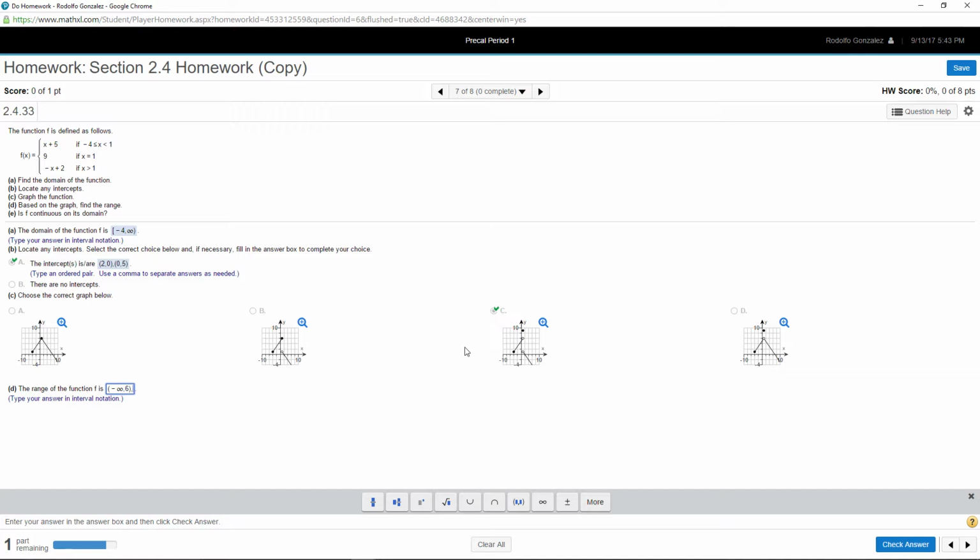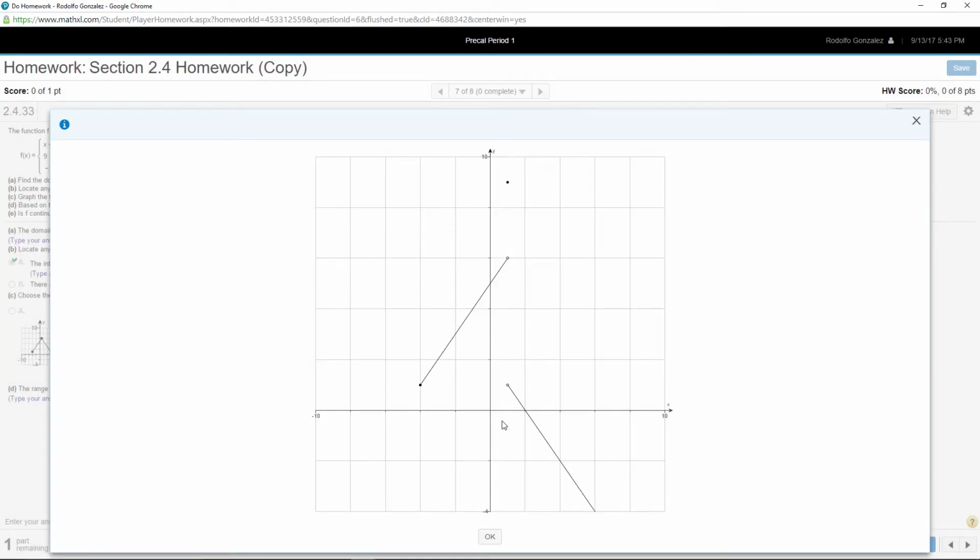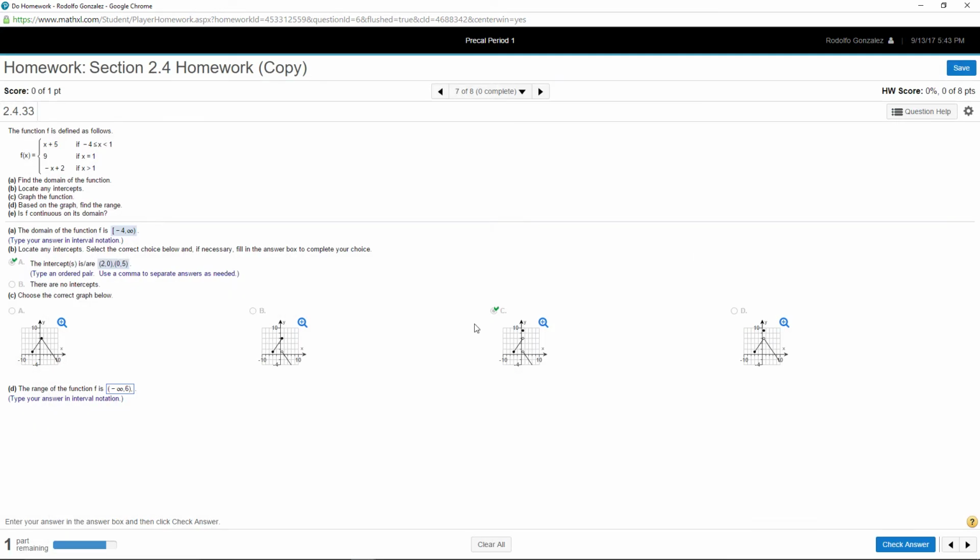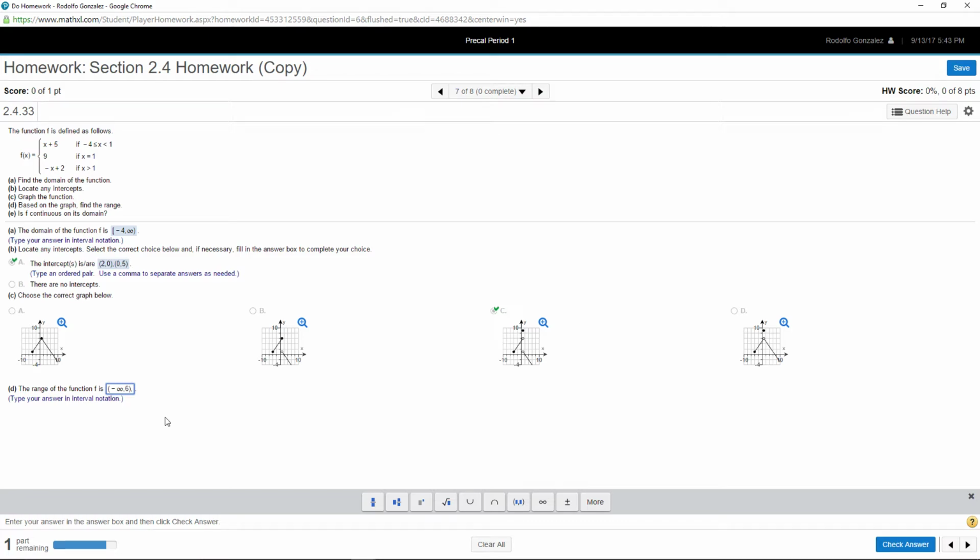Oh well, I think I forgot how to write this single point. Let's try something. What if we just wrote, so we're including the point of 9, right? That's our y values. So let's try this. 9 to 9.